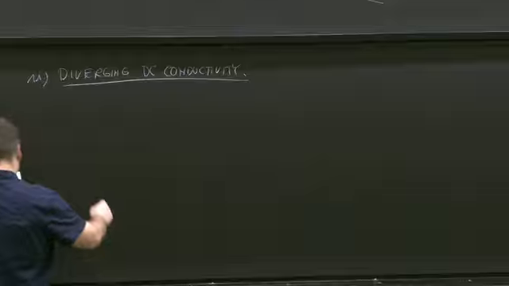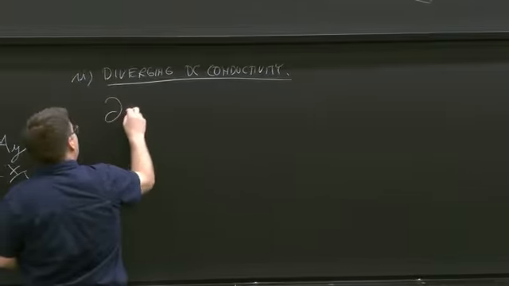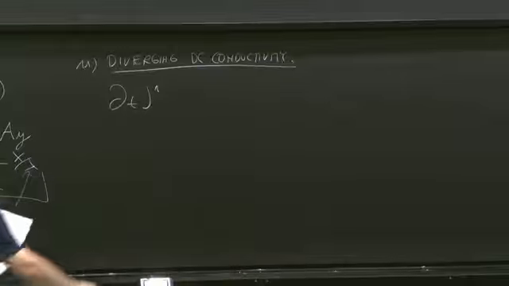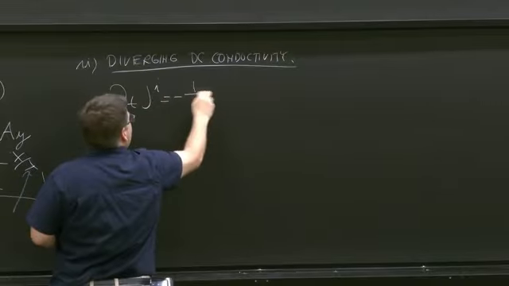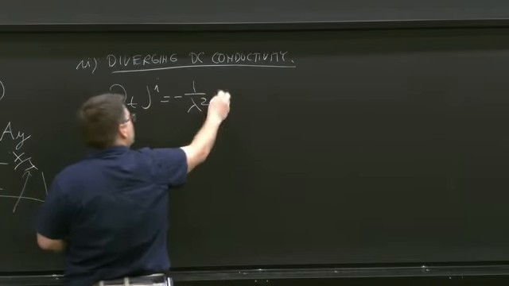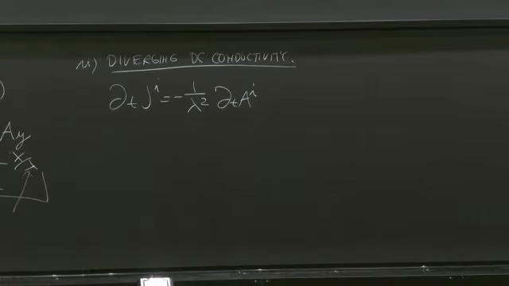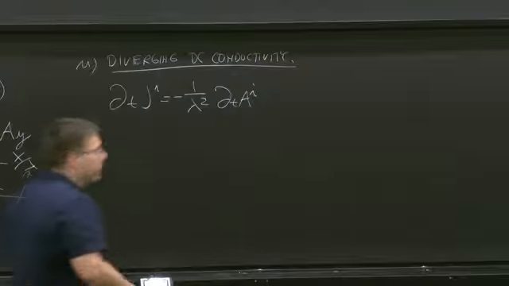So what you can do is take the time derivative of this J_i, and it's minus lambda squared ∂_t A_i. That was my definition. That's in x space, but you can do it in Fourier space.